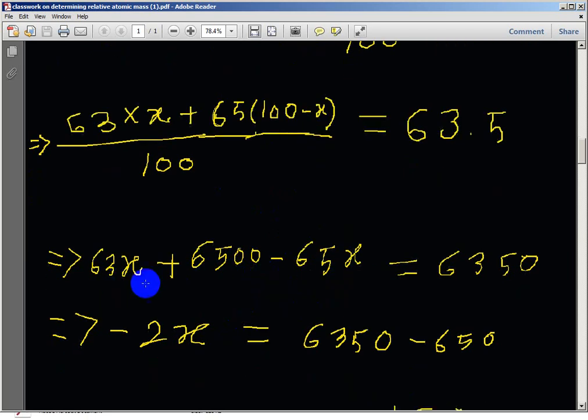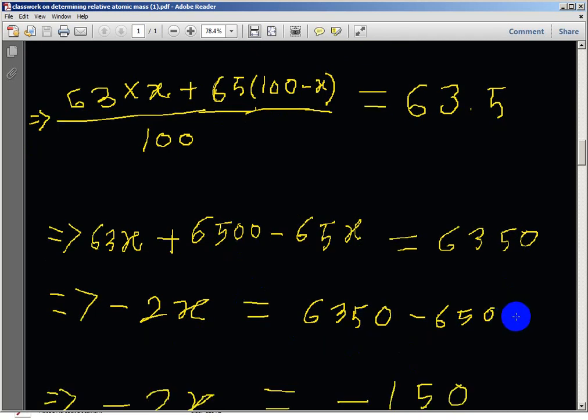So 63x minus 65x is minus 2x. This 6500 from the left-hand side we take.